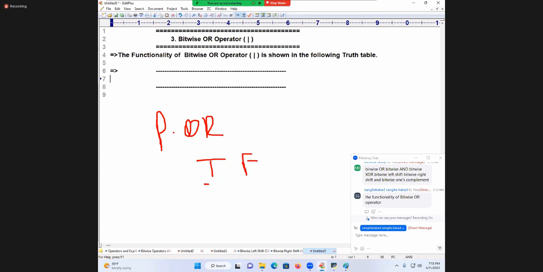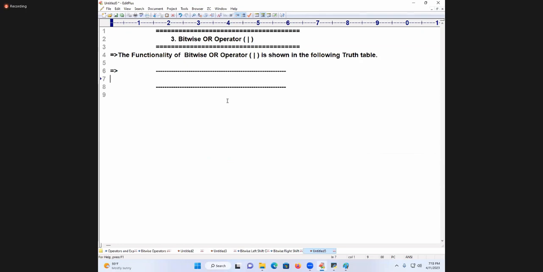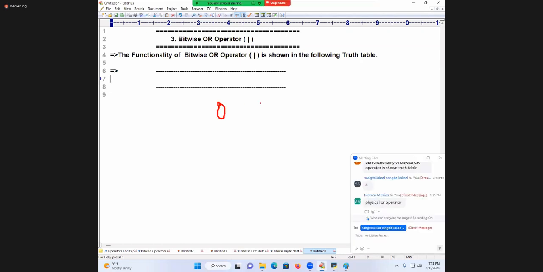How many combinations? 4. The bitwise operator's operating mechanism is binary bits. How many binary bits are there? 2, 0 and 1. Combinations: 0 0, 0 1, 1 0, 1 1. Yesterday: false false, true true, false true, true false.